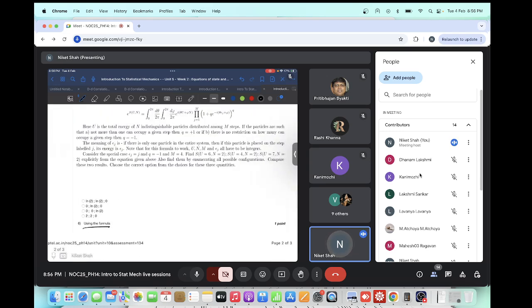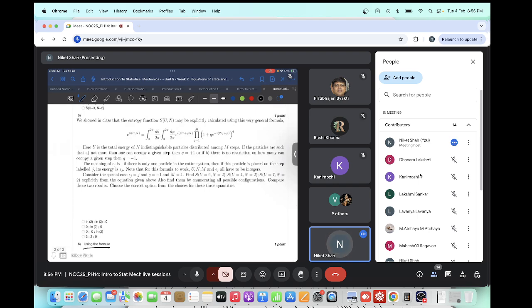All right, now let's go for this question. We want to consider the special case of bosons now.